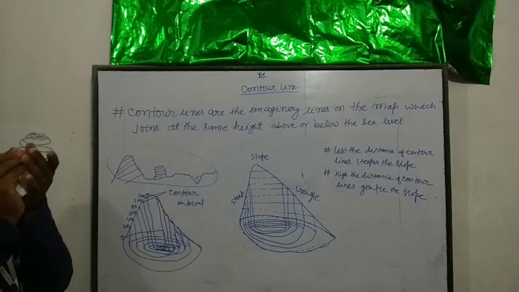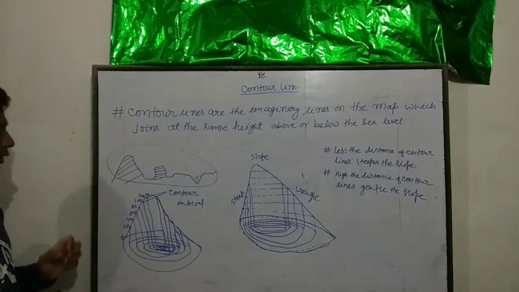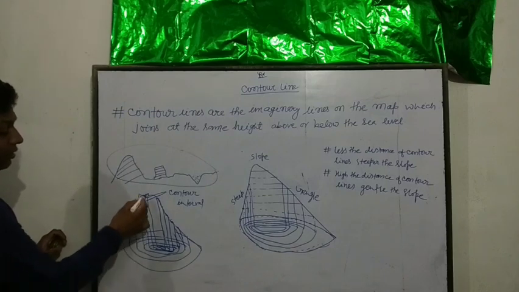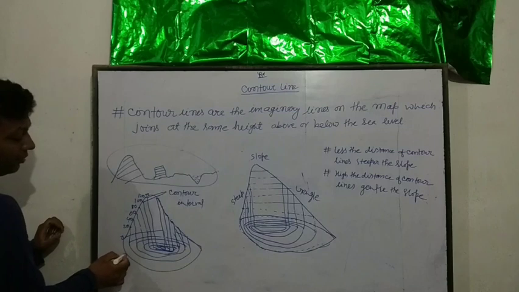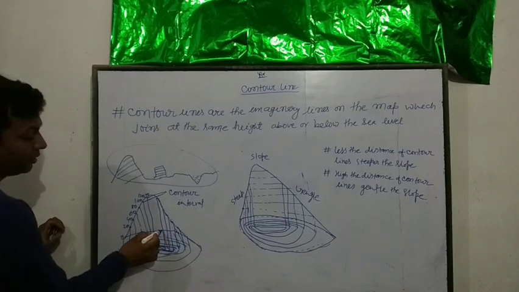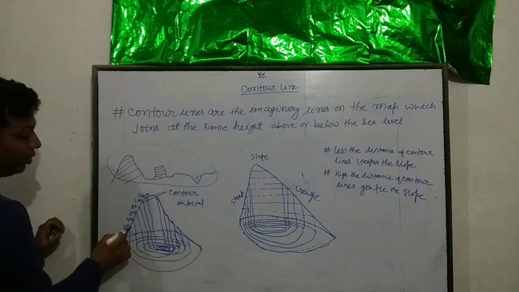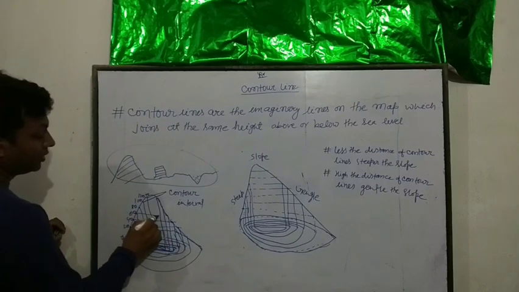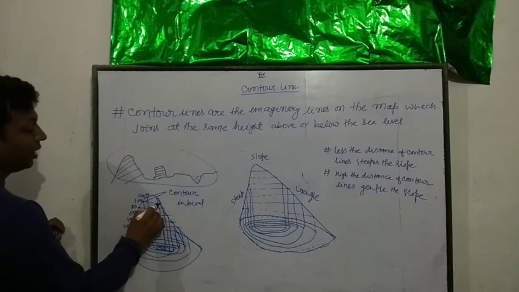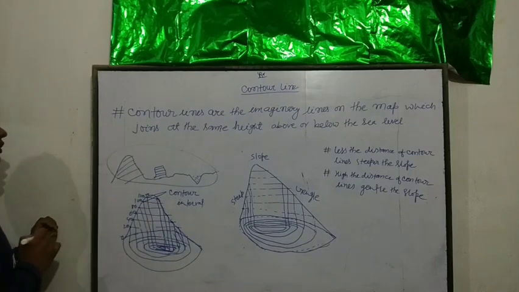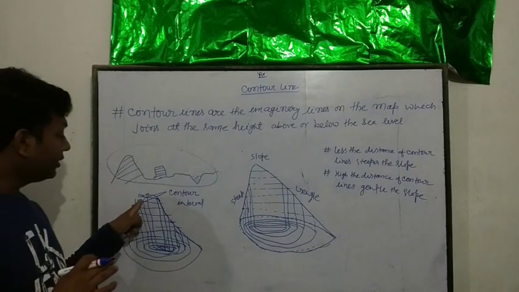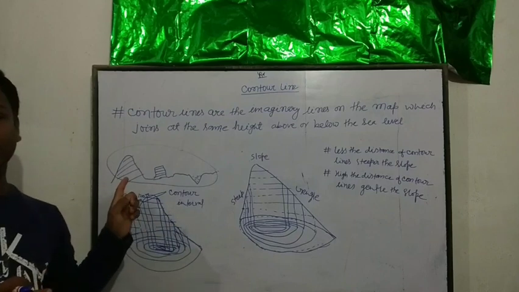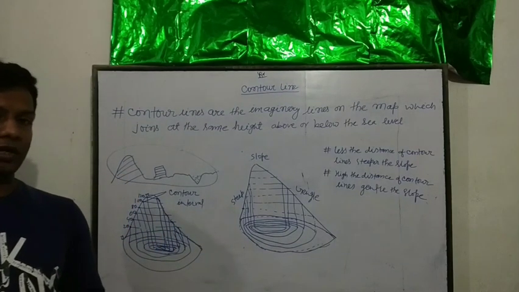In this contour line there is a similar vertical height. 0 meets 0, 20 meets 20, 40 meets 40, 60 meets 60, 80 meets 80, 100 meets 100 and 120 meets 120, like that. So each of the similar height lines meet on the same line. This is what contour lines are.